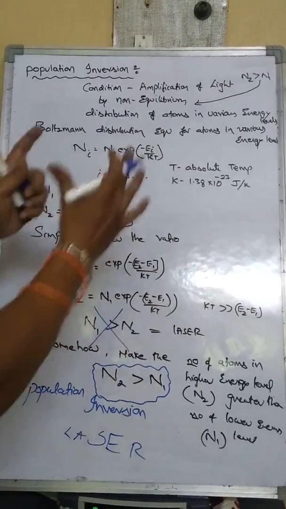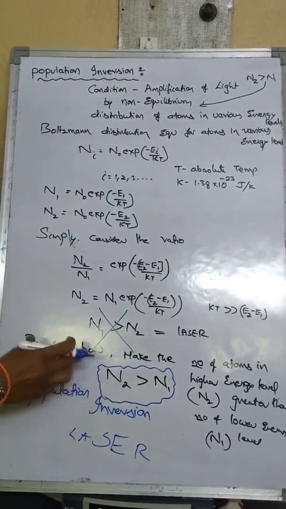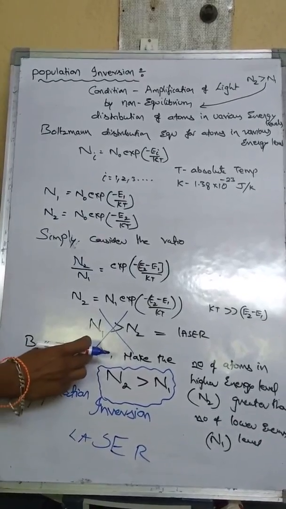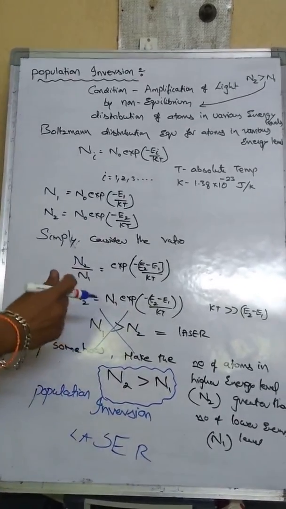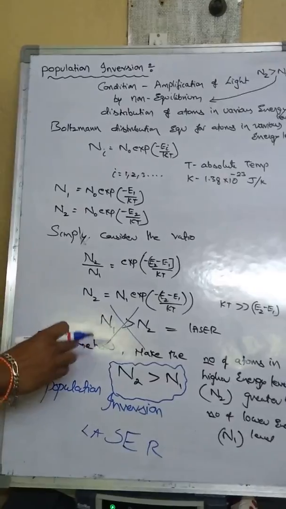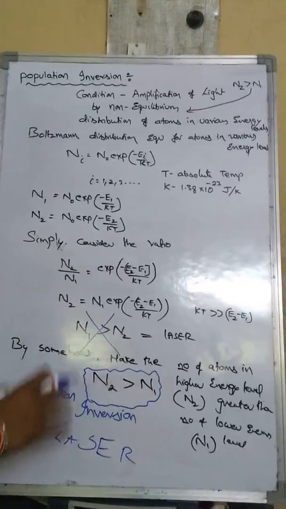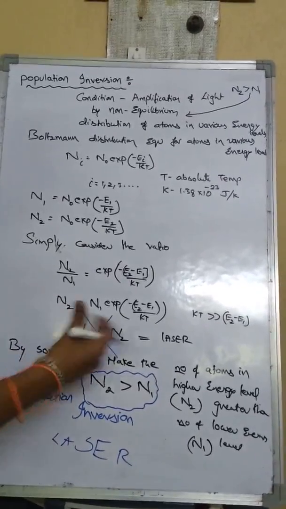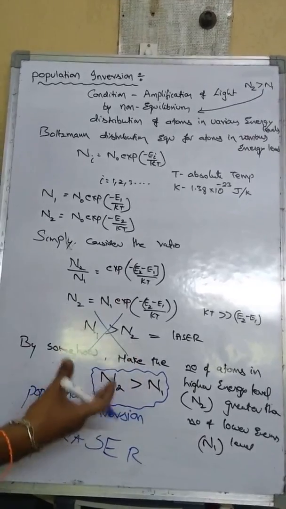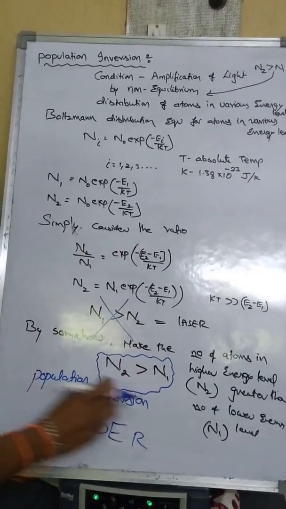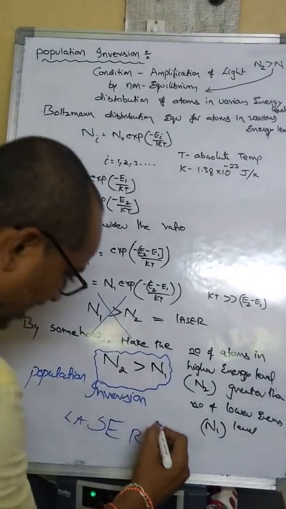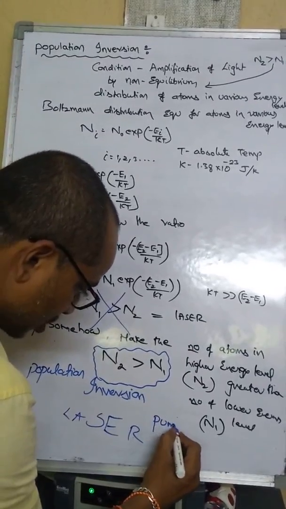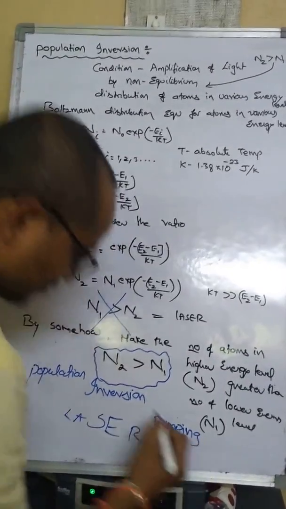So how is this population inversion attained? What is the process? I said by some technique, some effect, some mechanism, by magic or logic. I am saying that by somehow you make it. So how can we make it? This population inversion can occur by a process known as pumping.